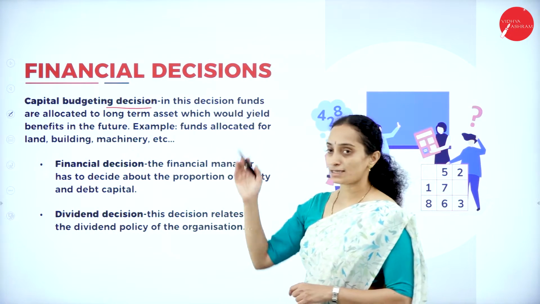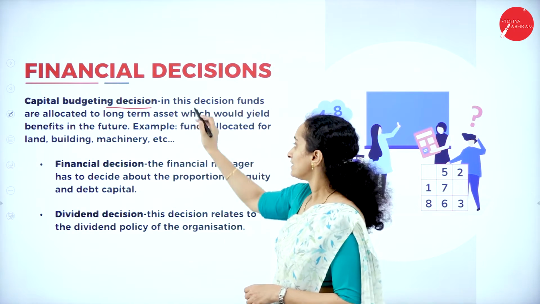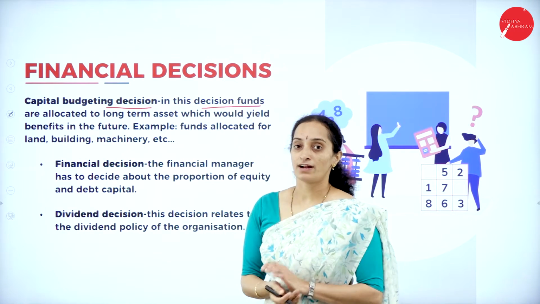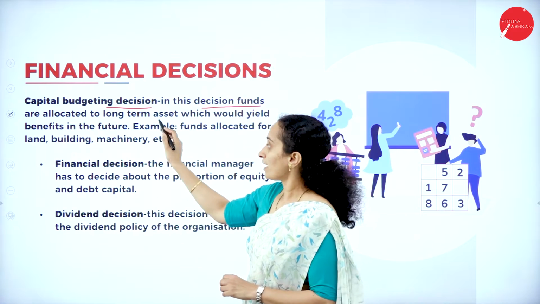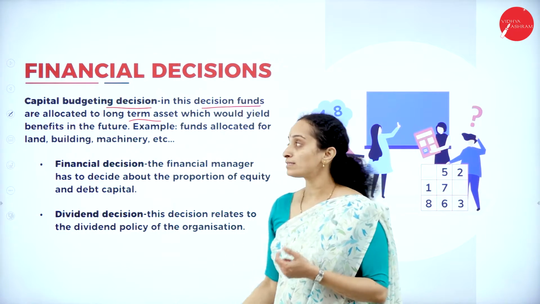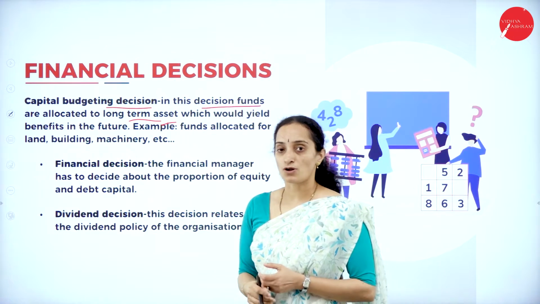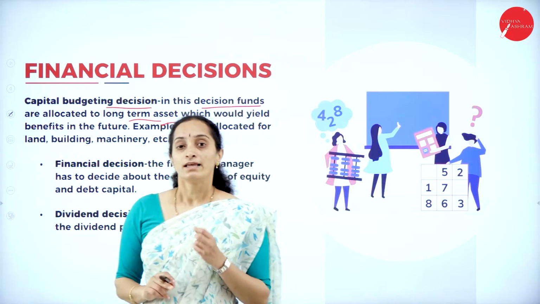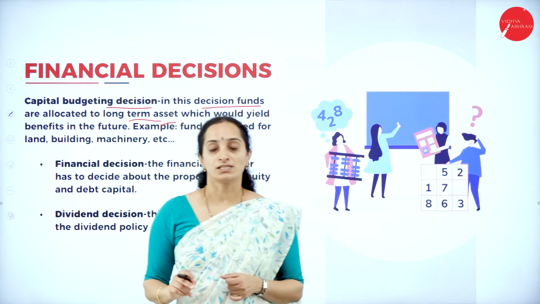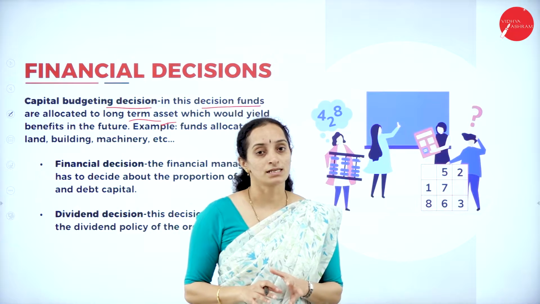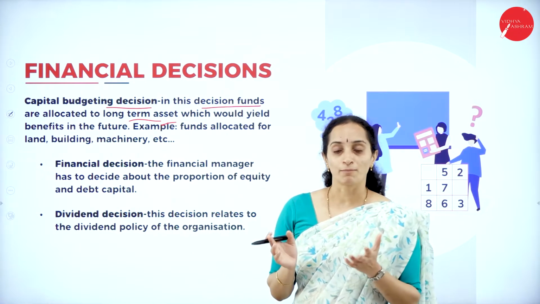So capital budgeting decision, as we know, is the decision where funds are allocated to long-term assets. The long-term asset is the investment on the machineries, isn't it? Or buildings or employees.